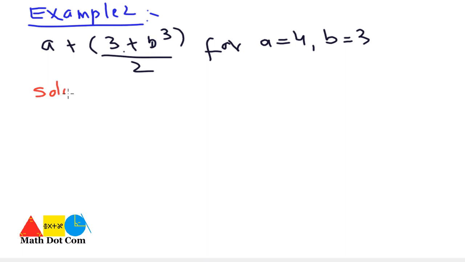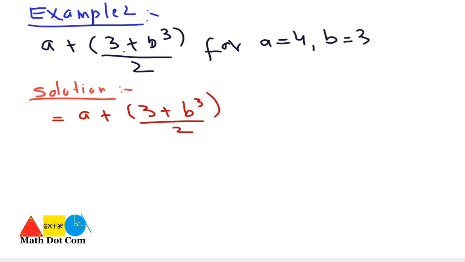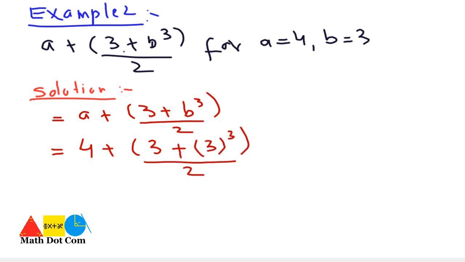The solution is a plus 3 plus b cube divided by 2. Substitution: we substitute the values. For a we have the value 4, so 4 plus 3 plus 3 cube divided by 2. What we have done here is substitution.